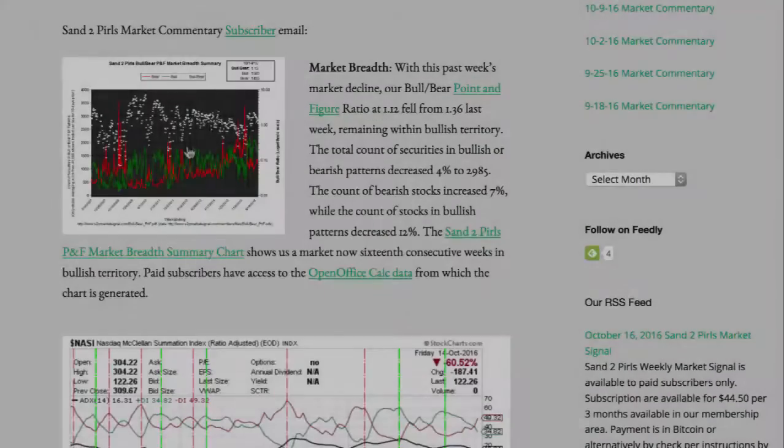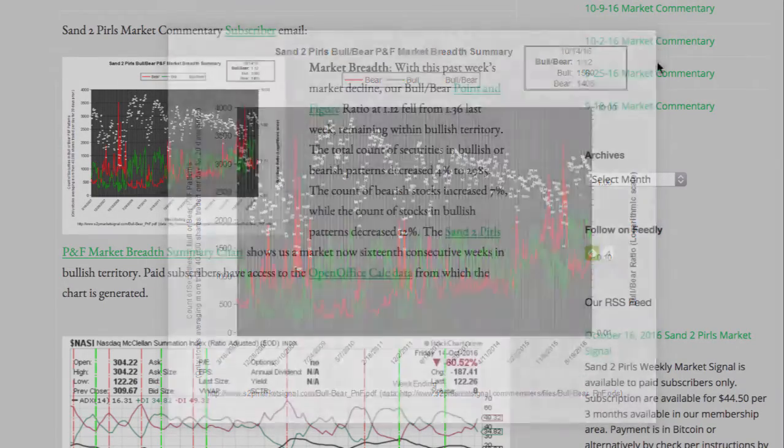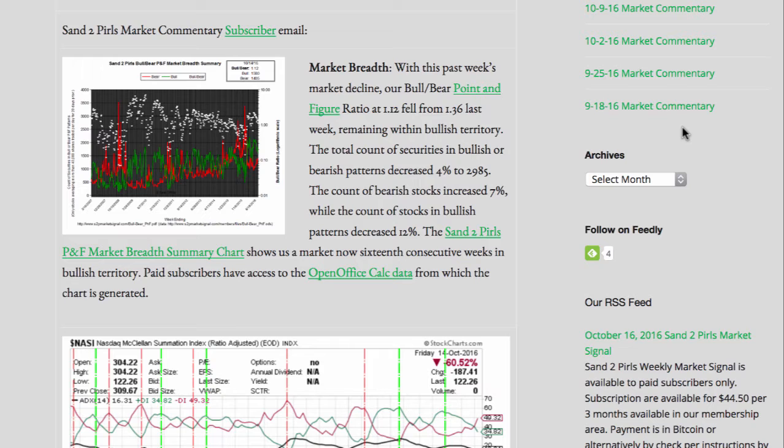Market breadth. With this past week's market decline, our bull bear point and figure ratio at 1.12 fell from 1.36 last week, remaining within bullish territory. The total count of securities in bullish or bearish patterns decreased 4% to 2,985.